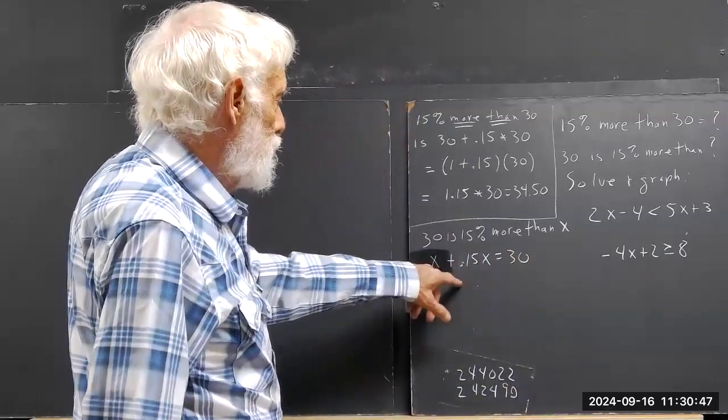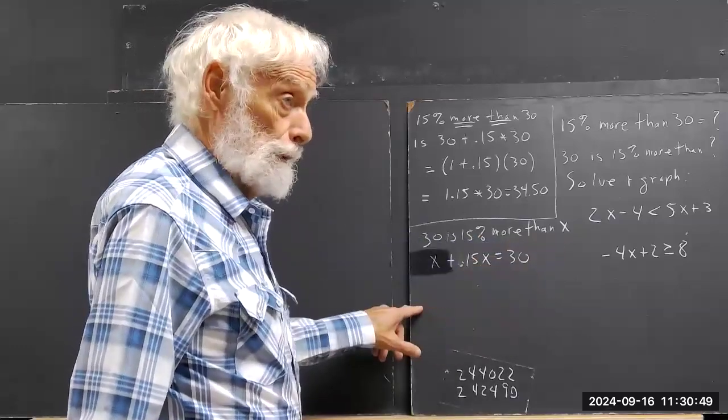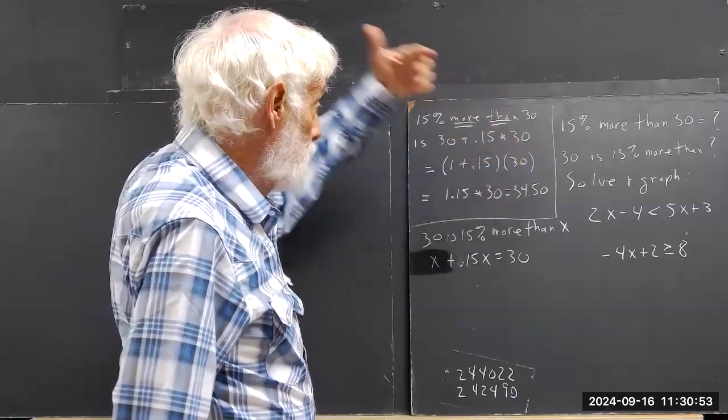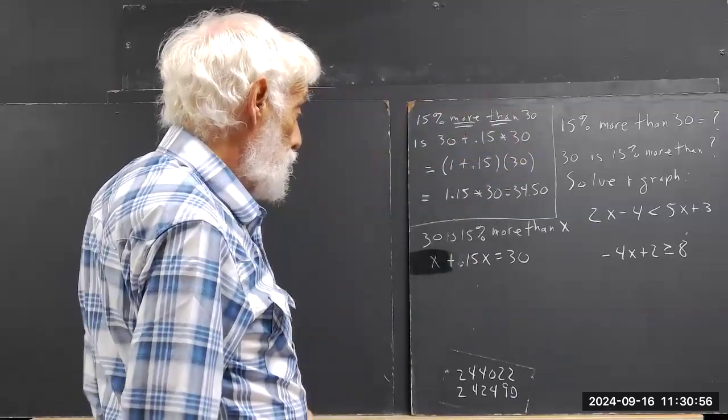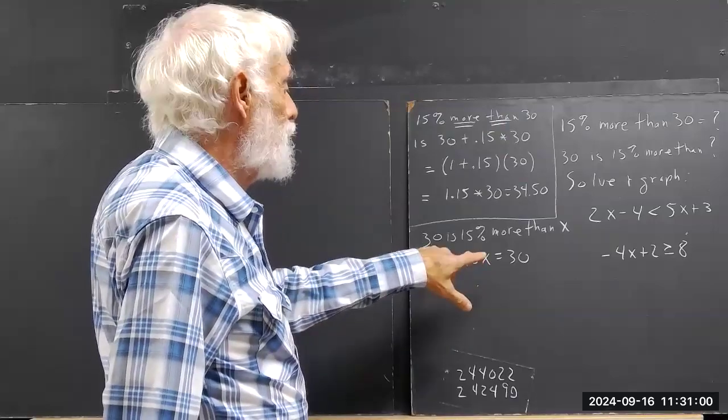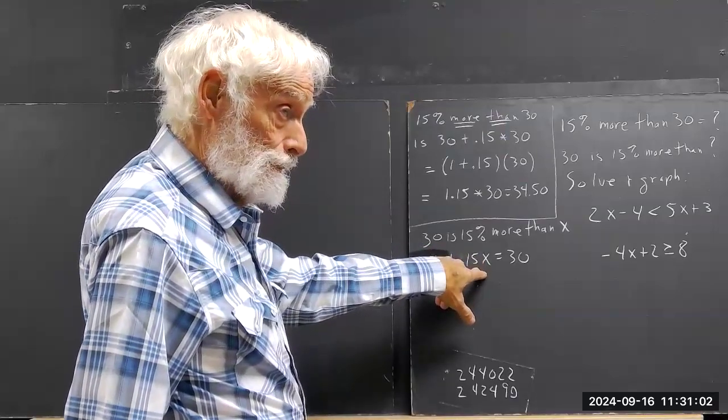Because this is 15% more than X, right? Just like 30 plus 0.15 times 30 was 15% more than 30, X plus 0.15X is 15% more than X.